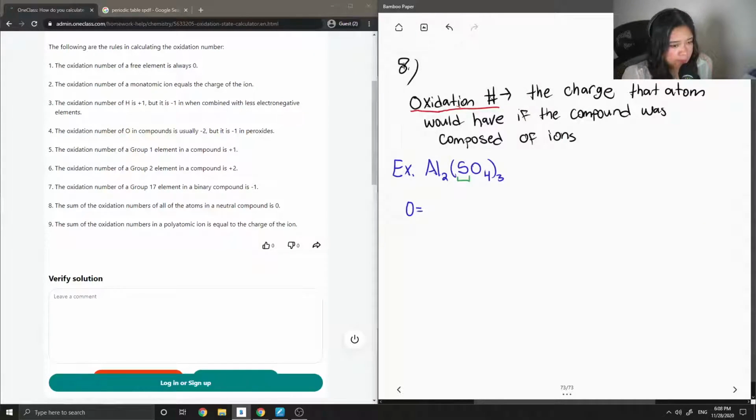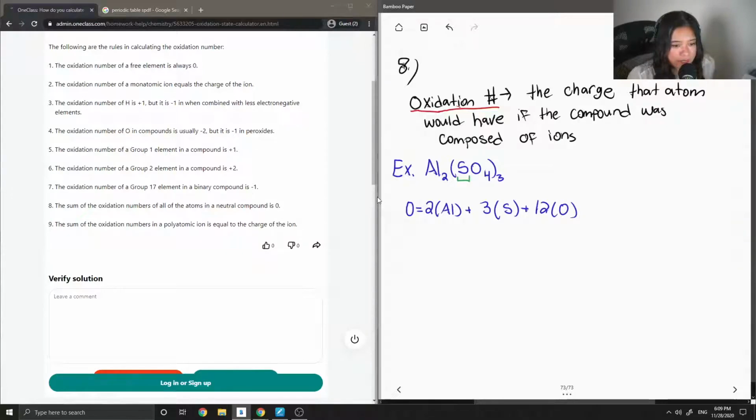And then to try and solve for the oxidation numbers, since rule number 8 says the sum of all the oxidation numbers of all the atoms is 0 in a neutral compound, I'm going to do 0 is equal to 2 aluminum, since there are 2 atoms of aluminum, plus 3 sulfur, and then plus 12 oxygen.